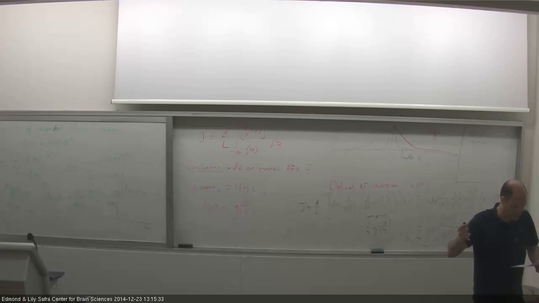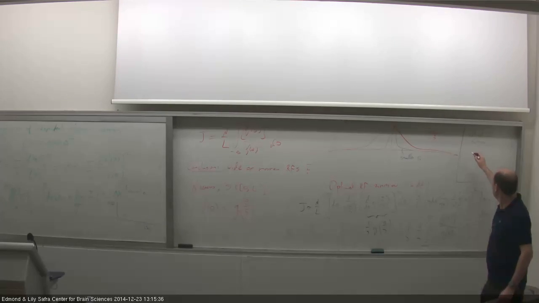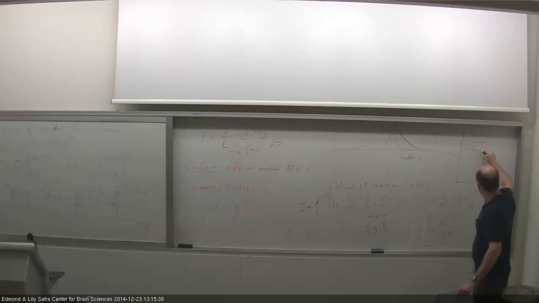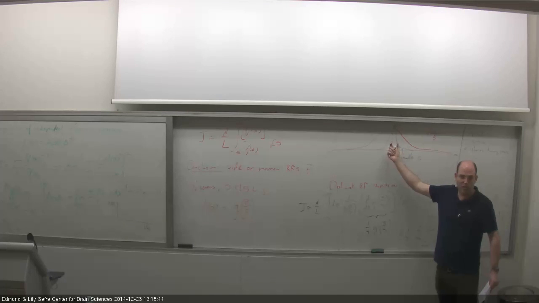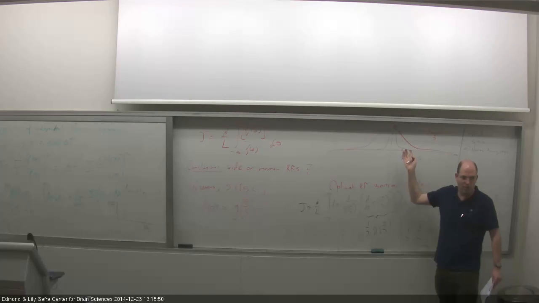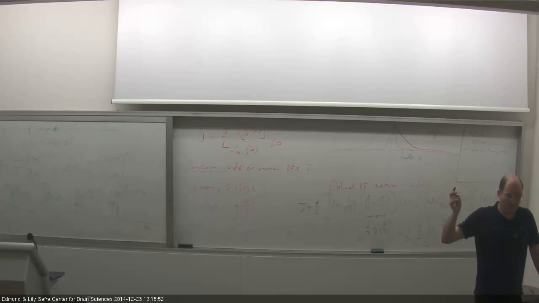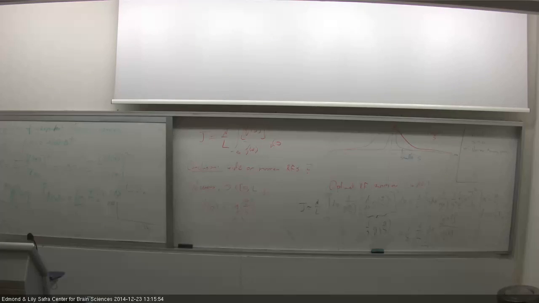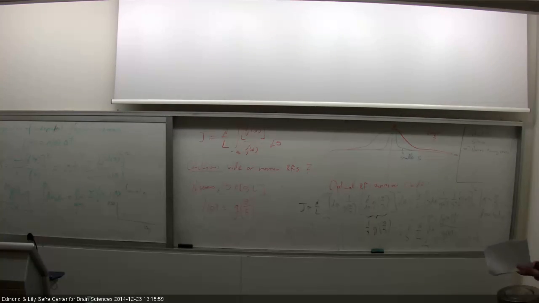Okay? So it's better to have narrow tuning curves, which kind of makes sense because a neuron which has a narrow tuning curve is more sensitive to theta than a neuron that has a wide tuning curve. Okay. Now, in principle, this calculation told us that we want to make s infinitesimally small. We want to make it 0.